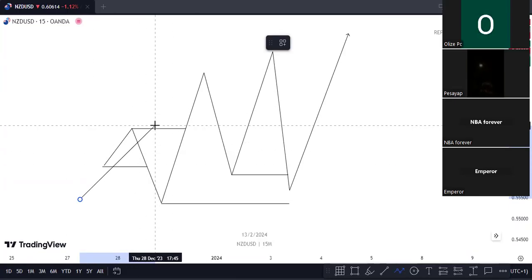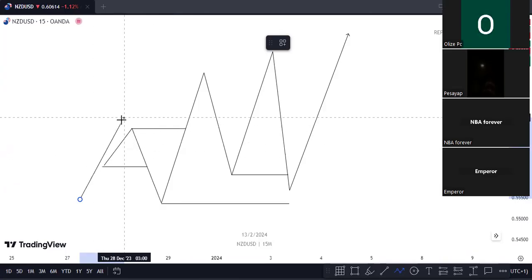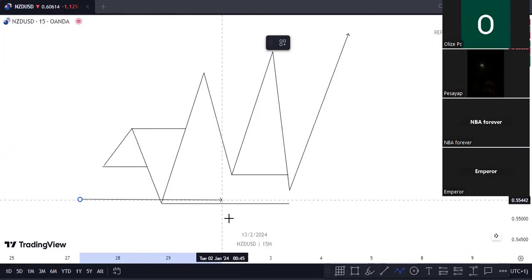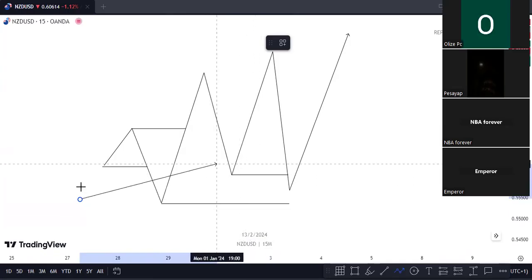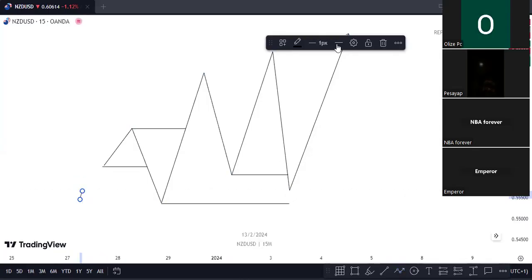Transactional liquidity. And this line here, what is this liquidity called? Inducement liquidity. And this is called what? Structural. Okay, that's cool.